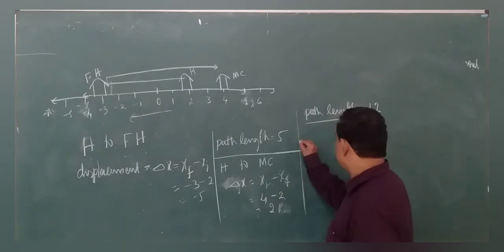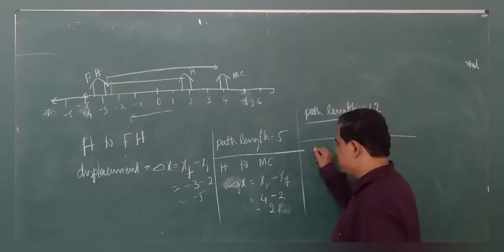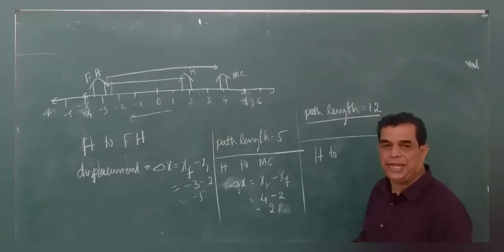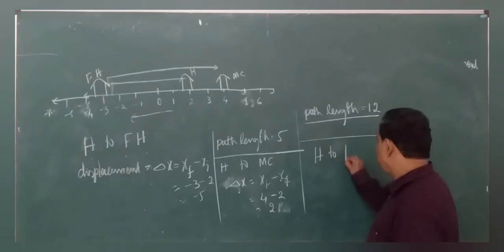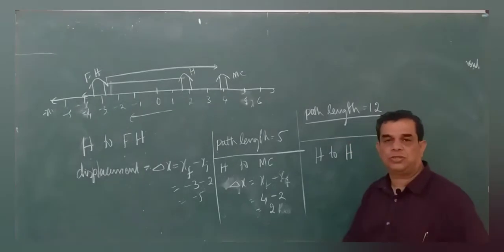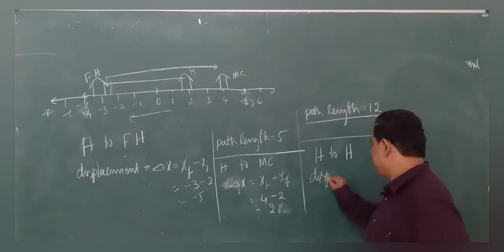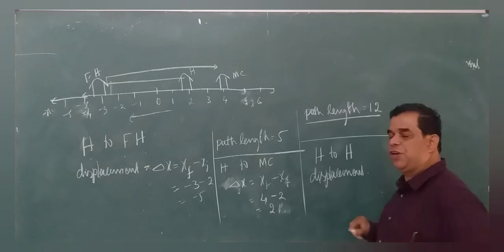Now, an astonishing thing will be there in the next case. We think of when you come back to your house in the evening after finishing off the college, house to house. Can somebody guess what is the displacement? Say you start from the house in the early morning, you come back in the afternoon.